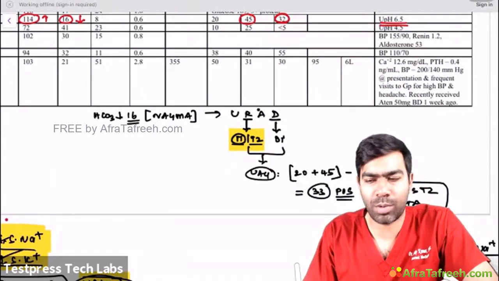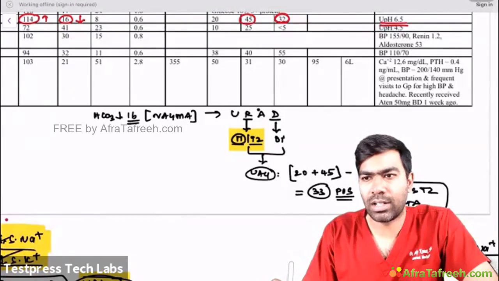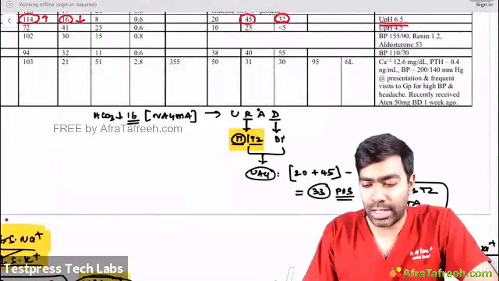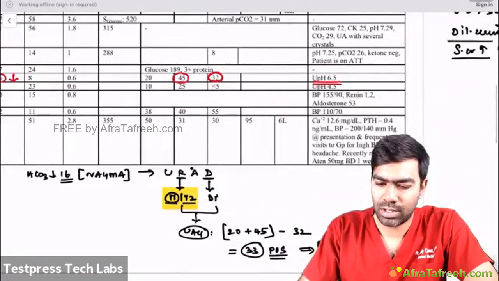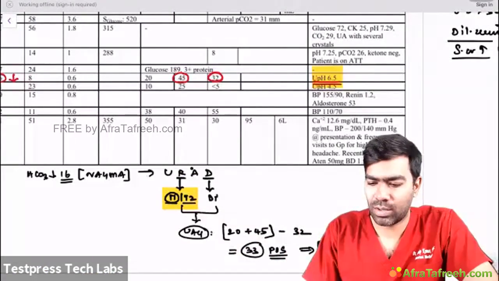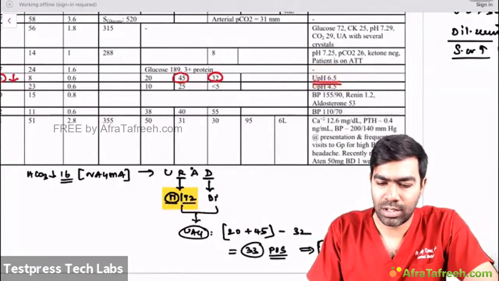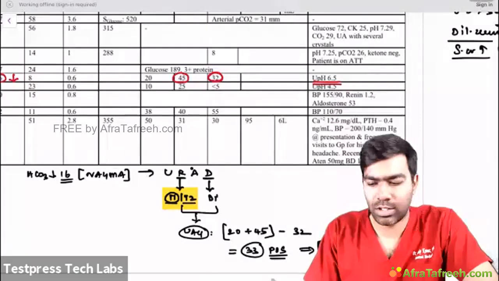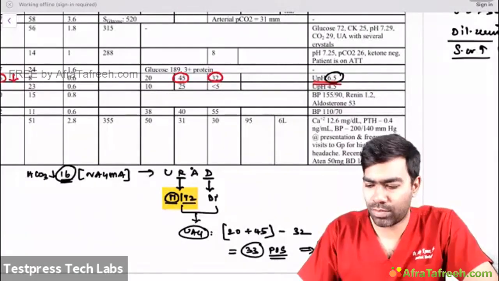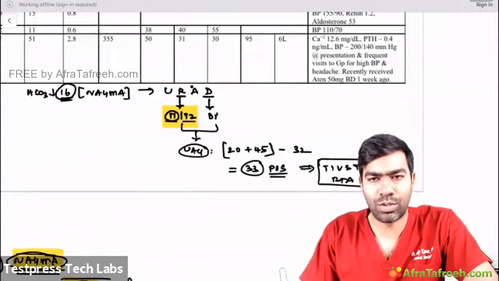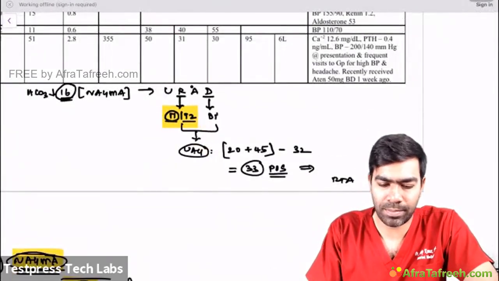Usually I think of a proximal RTA, that is type 2. But on the other hand, that's not the confirmatory point. I need to see the urinary pH. Urinary pH is definitely alkaline here. Urinary pH they have given is more than 5.3. So in the presence of acidosis, if my urinary pH is alkaline, 6.5, which diagnosis will you choose? You will choose a type 1 RTA or a type 2 RTA, which will you choose?